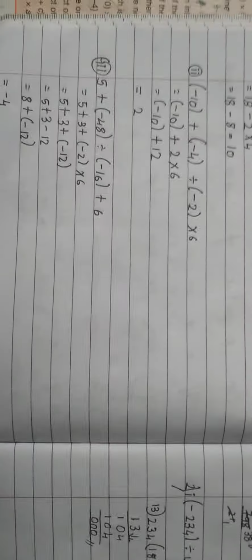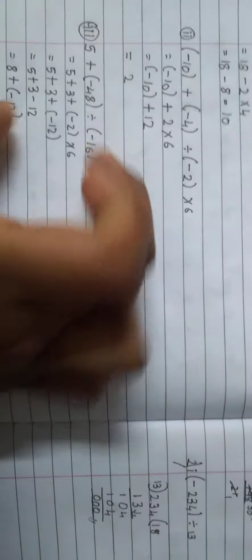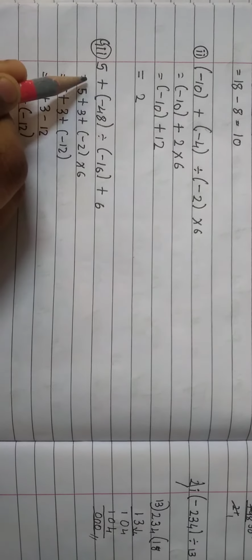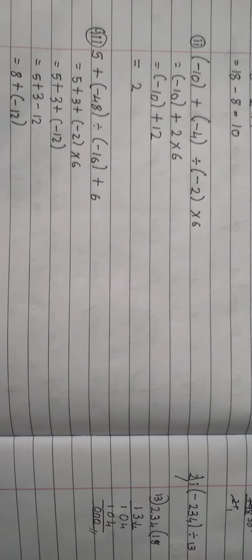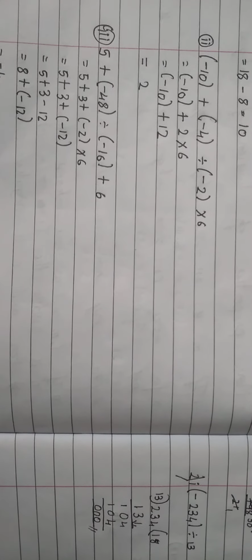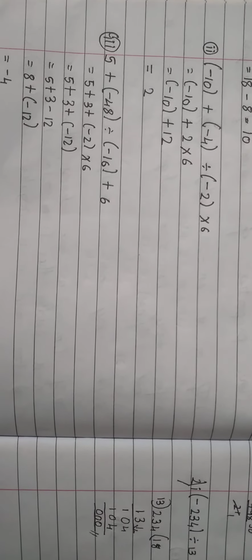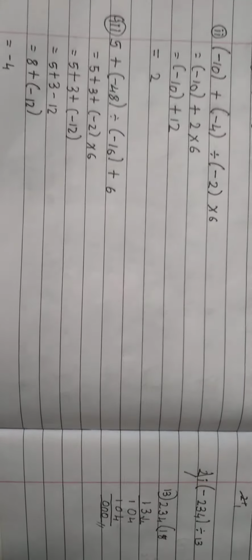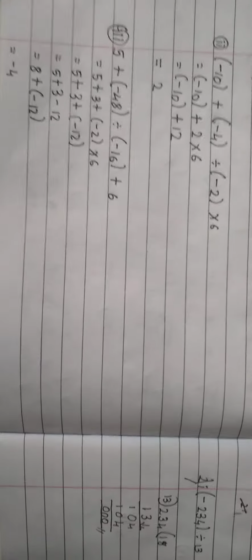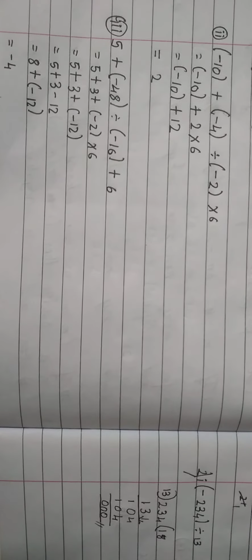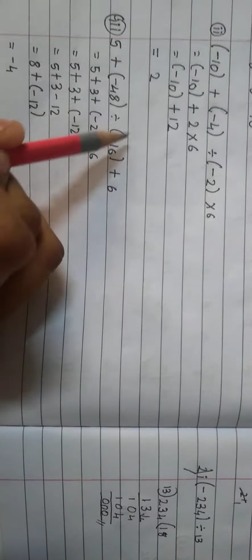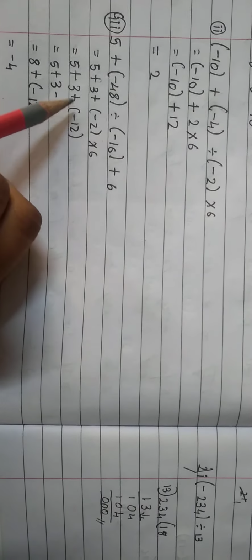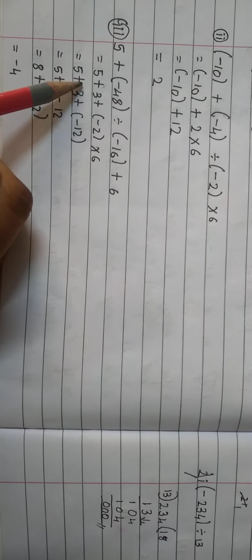So first let me teach you how to do this type of sum. Students, the first thing, as you can see here, is 5 plus bracket minus 48 bracket, divided by bracket 16, then minus 16 plus 6, which means only minus 2 times 6. So here first you're going to divide: 48 divided by 16 is 3.